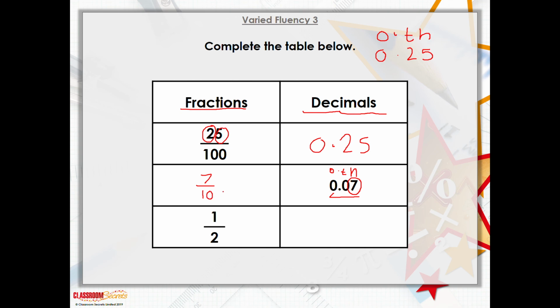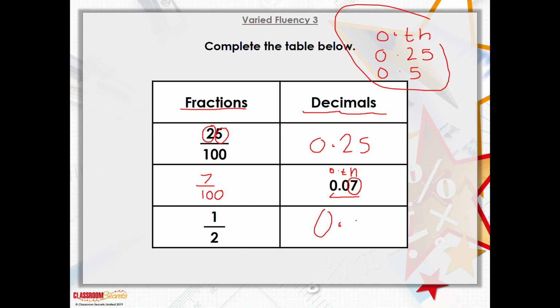Now going back to my first bit of input, we were talking about a half, and a half of 1 in tenths is 5 tenths, because there's 10 tenths in a whole number. So it is 5 tenths. And I'm going to go back up to my grid just up here. So half of 1 is 5 tenths, which is 0.5.